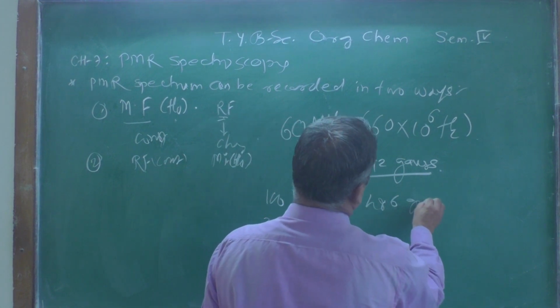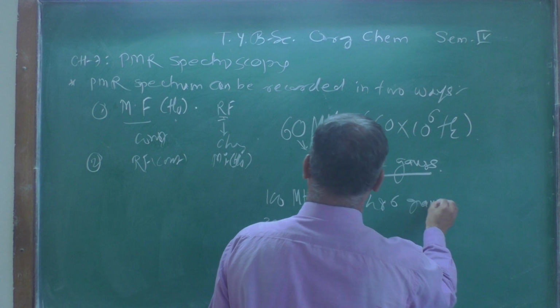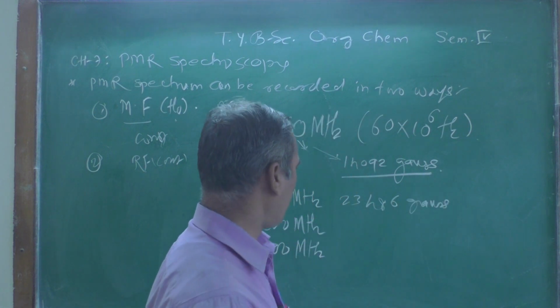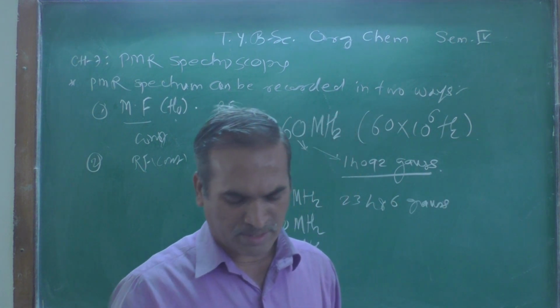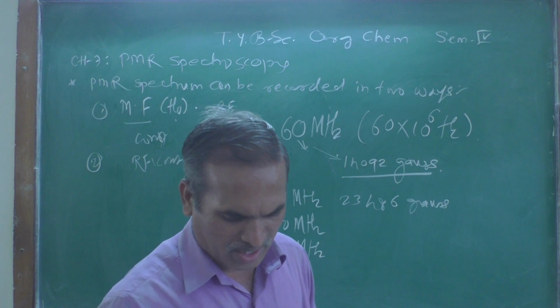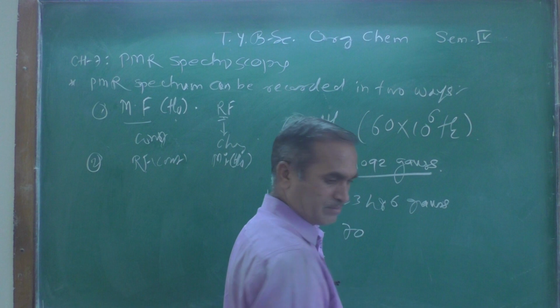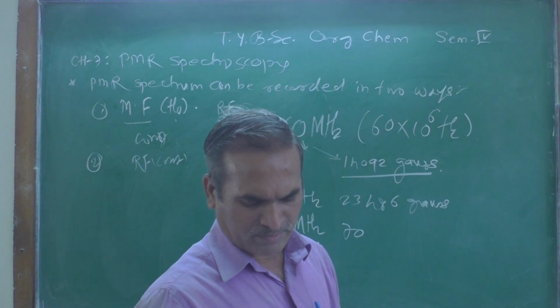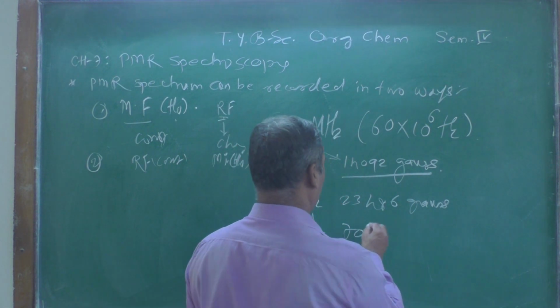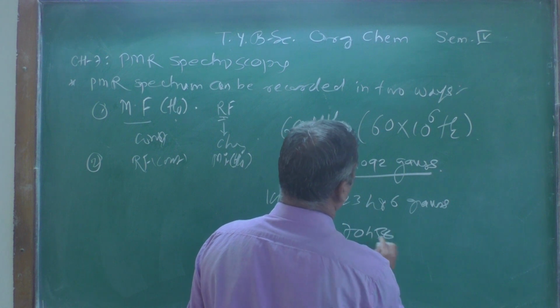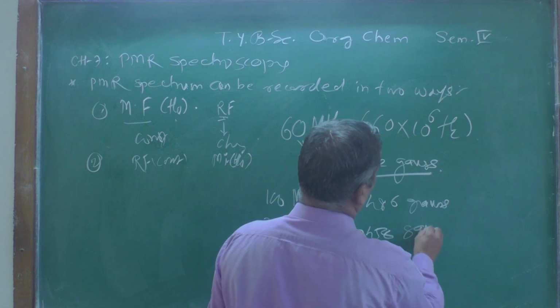23,486 Gauss, and if 300 megahertz radio frequency, the magnetic field required would be 4,058 Gauss.